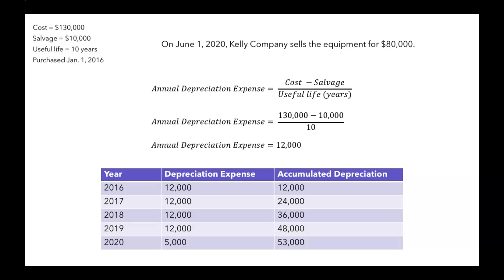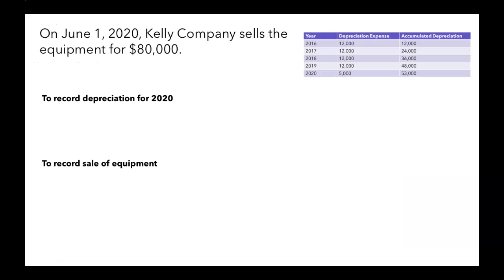So now that we have this information, we can shift our focus over to the journal entries. First, we need to record 2020's depreciation. So we will debit our depreciation expense and credit accumulated depreciation, equipment, for that $5,000.